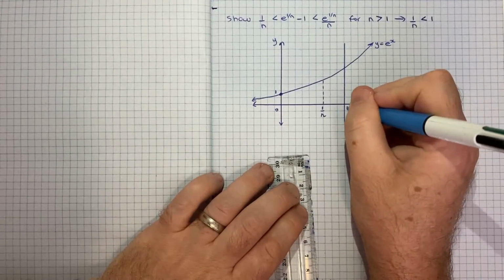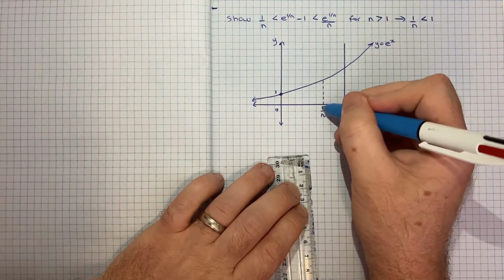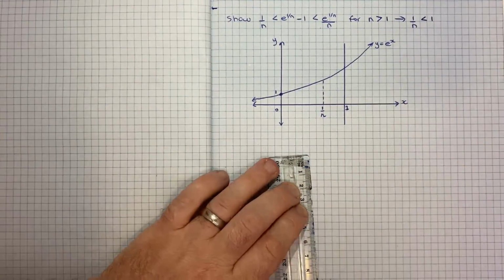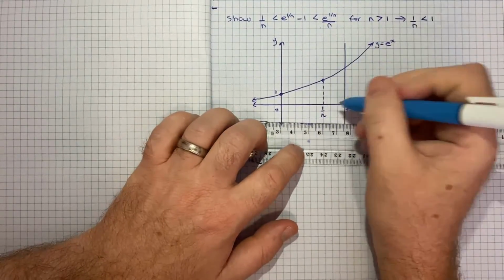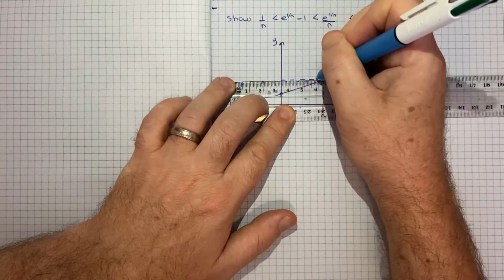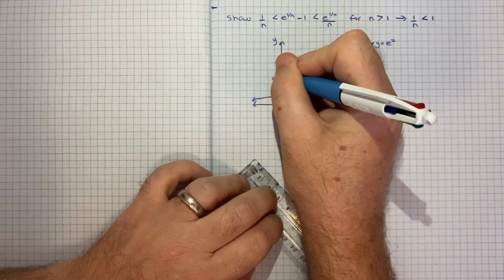So if this is x is equal to 1 here, then I'm picking a 1 on n that's above 0 but less than 1. Now if I go, well, where does that 1 on n intersect with our y equals e to the x? The y value there would simply be e to the 1 on n.